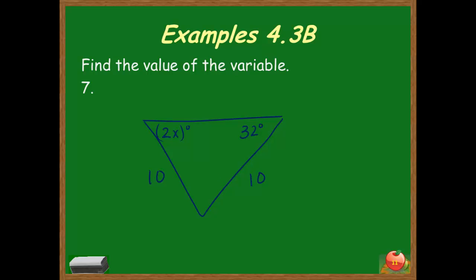What type of triangle is it? It's an isosceles triangle. And in an isosceles triangle, if these two sides are congruent, then we know that these two angles are congruent. So we can make 2x equal 32, and we can find x by dividing by 2. So x equals 16.